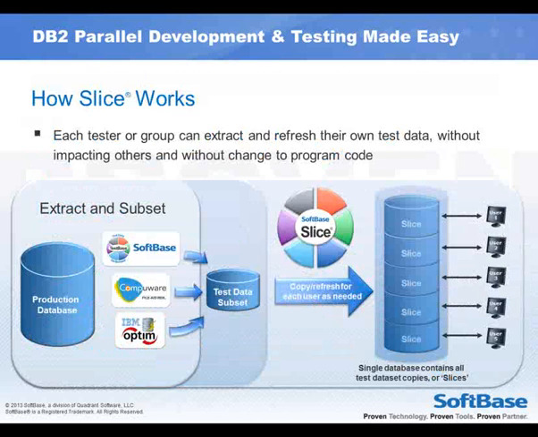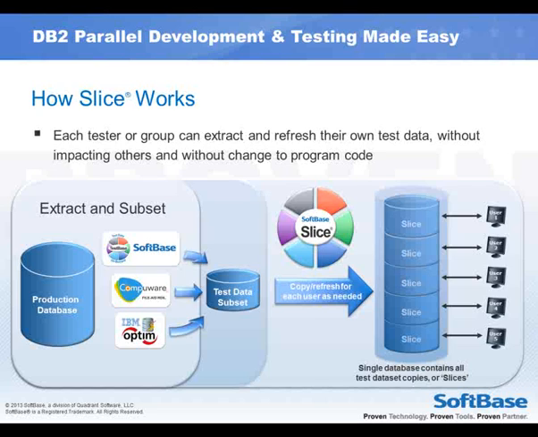Slice is a method to allow people to develop software against one set of tables in a single subsystem with one set of packages and not have to worry about impacting others in the test environment. Slice can address these challenges even if you want to stick with multiple table copies and multiple DB2 subsystems.